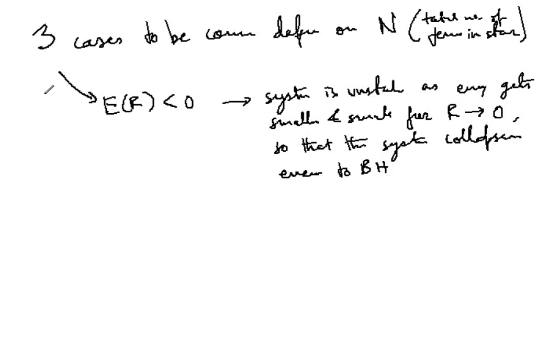Now the next scenario, which is ER greater than 0. What happens here?